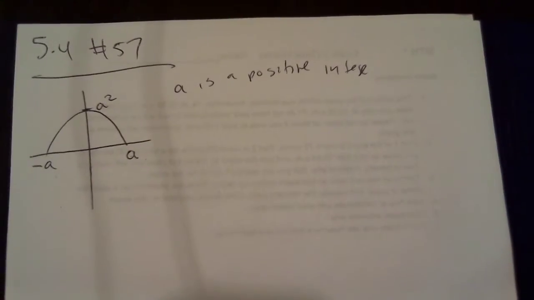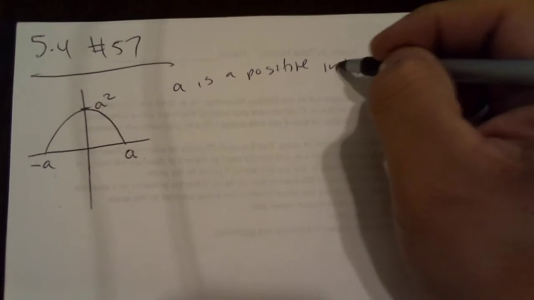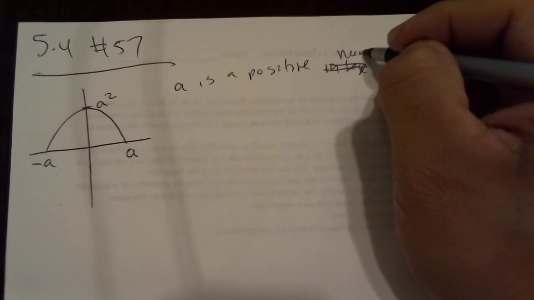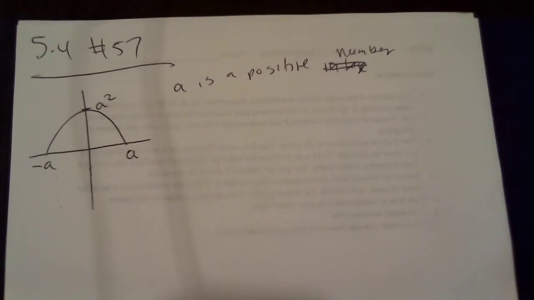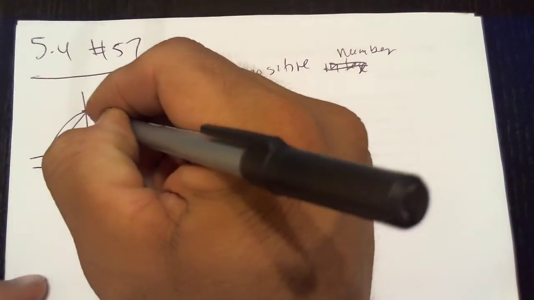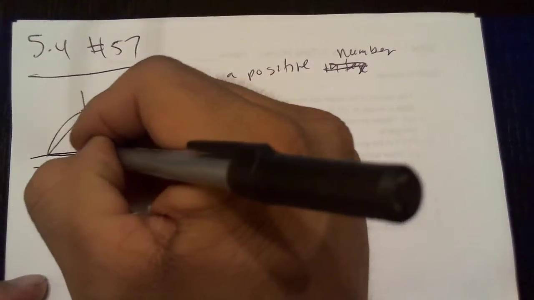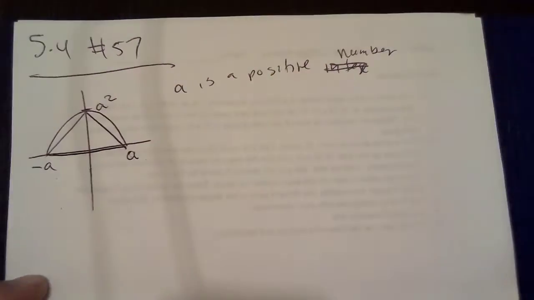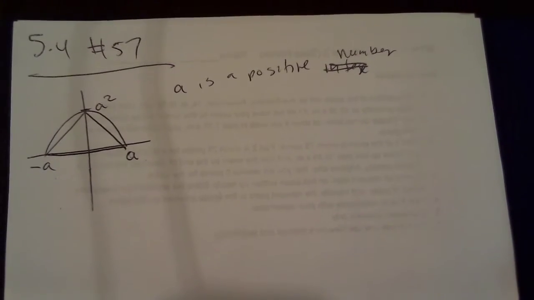Up here is a squared. These are a and negative a, any positive number. And the triangle is inscribed here, like this.